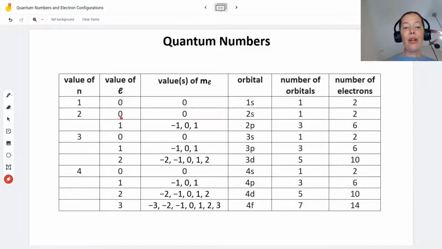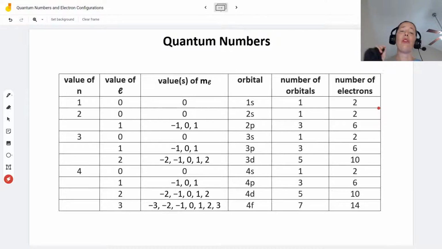So this is going to be an s orbital, but because n equals 2, this is your 2s orbital. So we are looking at not the first row on the periodic table, but the second row. This is the one that's going to start with lithium. So in the 2s orbital, there is only one type of orbital. Again, it's a sphere, and you can fit 2 electrons into that one orbital.